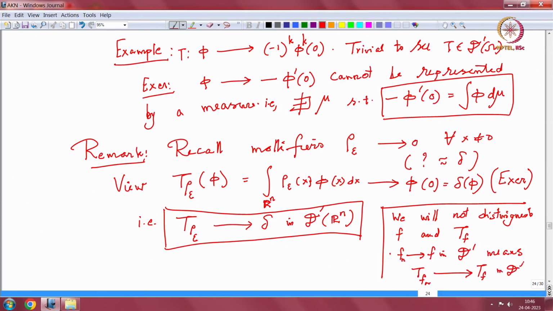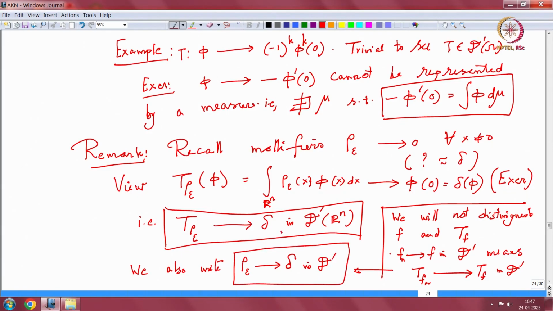That is the meaning of it. In this sense, we also write ρ_ε converges to delta in D'. So, we will not all the time say that, of course, this is as ε goes to 0.